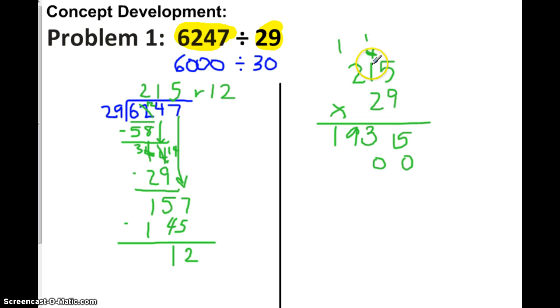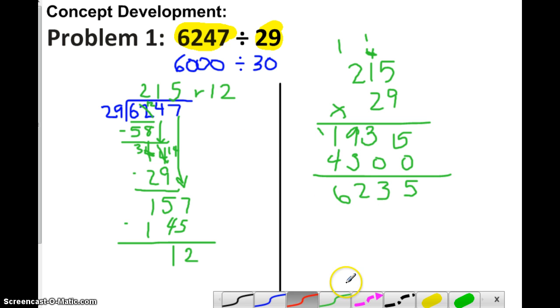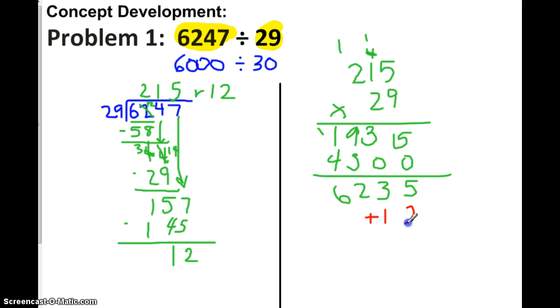Carry a 1. 2 times 1 is 2 plus 3 plus 1 is 3, sorry. 2 times 2 is 4. So here I have 5, 3, 2, carry a 1 is 6. So does that match? No, because I still have to add in my remainder, right? My remainder of 12. So I add that in, and I have 6,247, 6,247. So I am good with that. Okay, let's keep going.